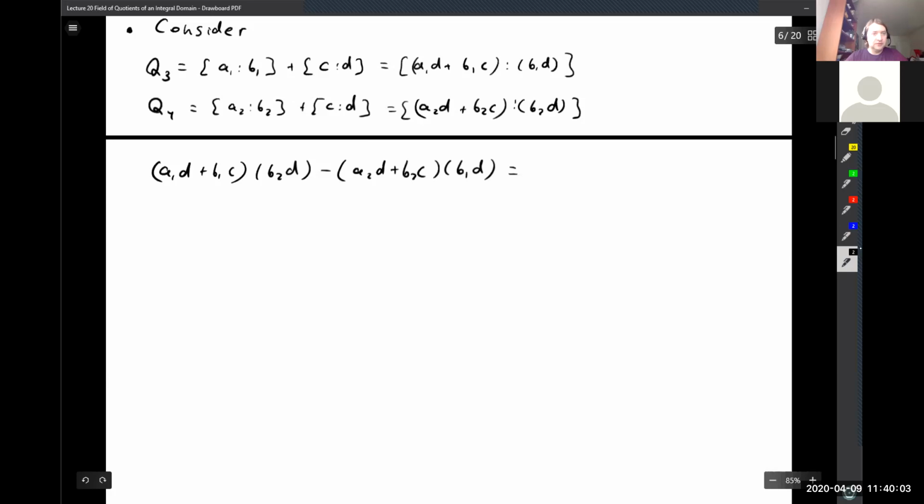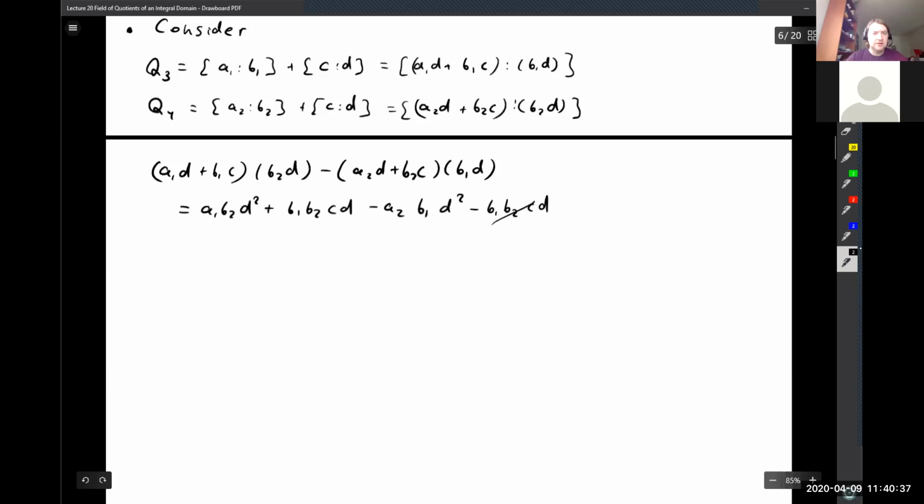So this is equal to a1 b2 d squared plus b1 b2 cd minus a2 b1 d squared and minus b1 b2 cd.